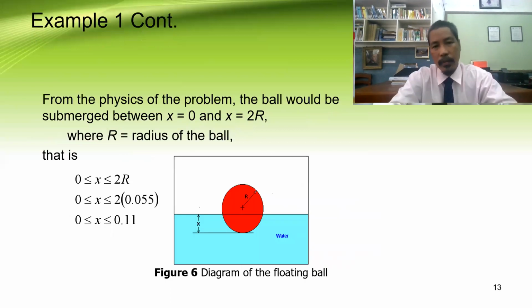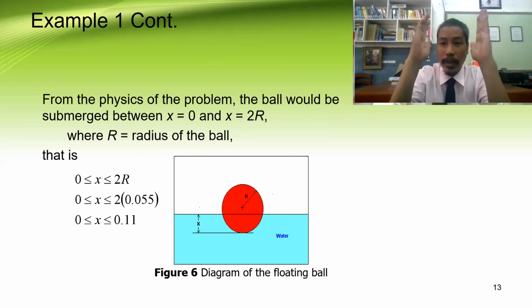So from physics of the problem, the ball would be submerged between x equal to 0 and x equal to 2r, because 2r is the diameter. So that is our domain.